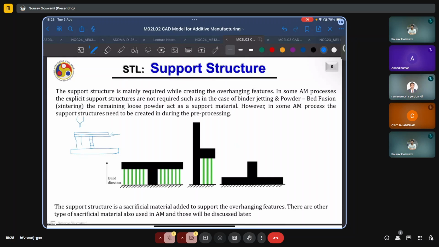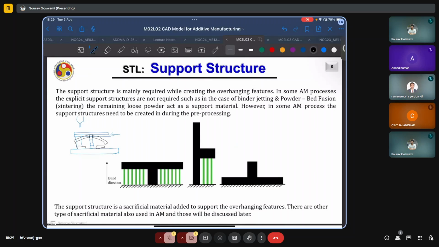It will simply fall down. Only the center will be supported, but the other material will fall and reach the substrate.